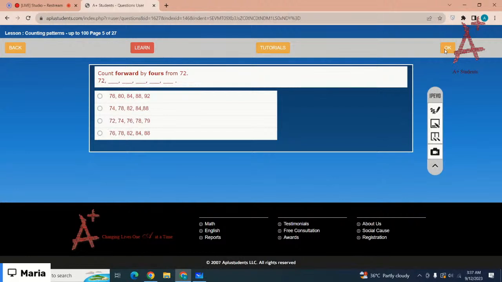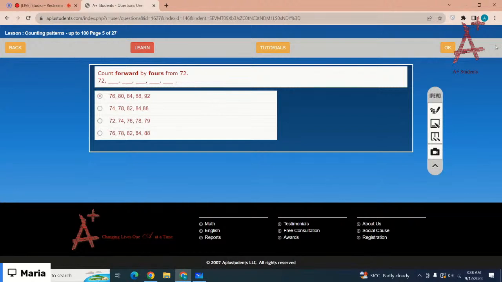So which is the correct option? 72 plus 4 is 76.